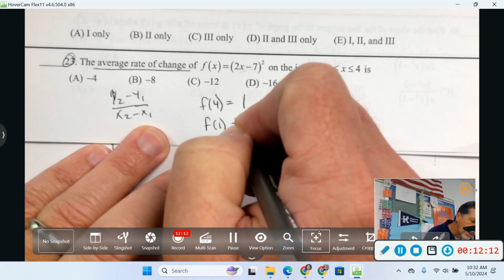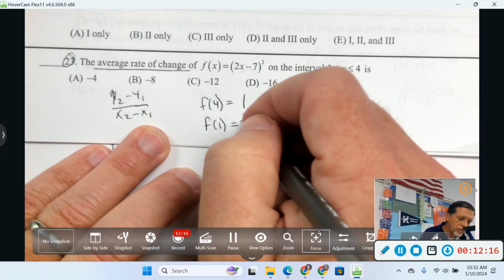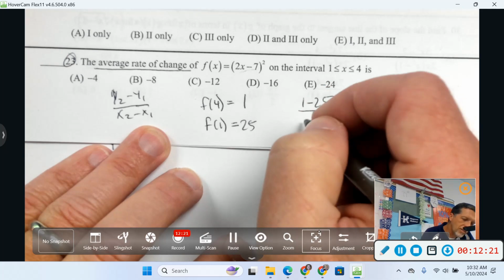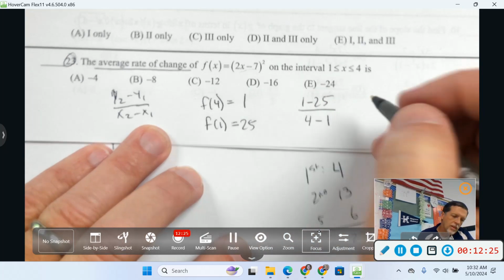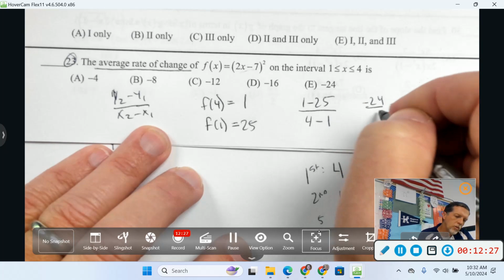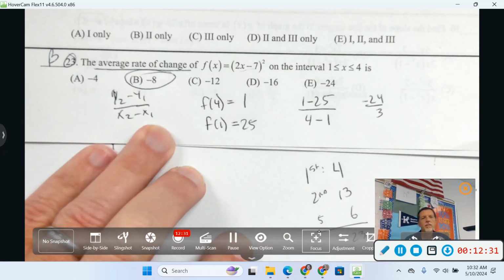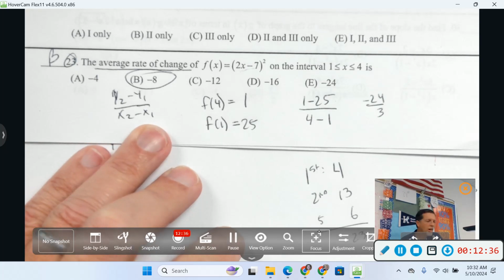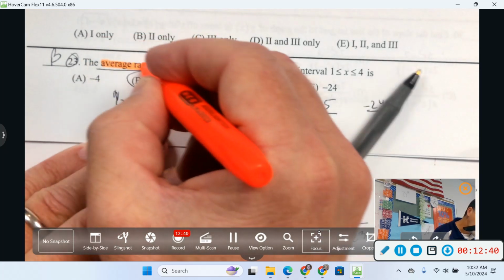F of 1, 2 minus 7 is negative 5, squared is 25. So 1 minus 25 over 4 minus 1. The negative 24 over 3 is negative 8. So not really any pre-cal, not really calculus, other than knowing what average rate of change means.